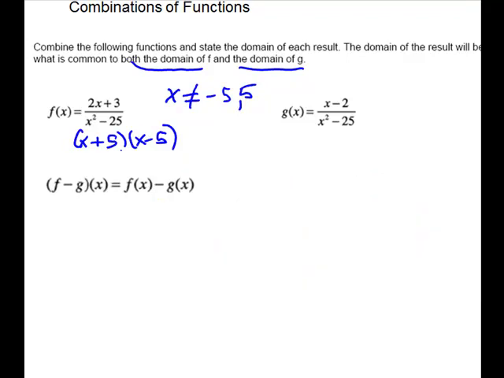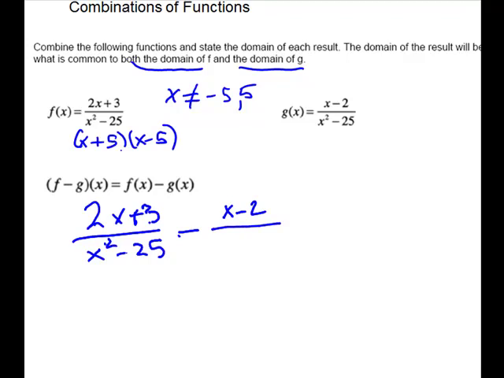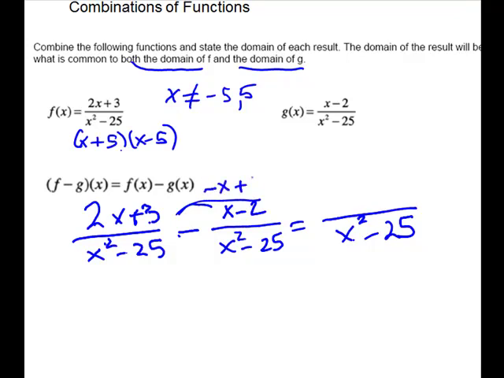Next, we're subtracting these functions. Very similar to addition. Back to the rules of fractions. Make sure that you have a common denominator, but we do. So you're going to keep the common denominator, combine numerators, just take time to distribute, so that'll be minus x and plus 2.